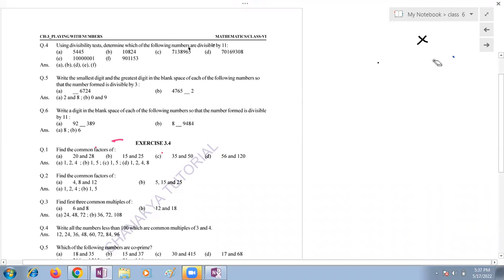So for example, take the divisibility rule of 14. 14 can be expressed in what ways, children? 1 into 14, and 2 into 7. We don't consider the pair 1 and 14.